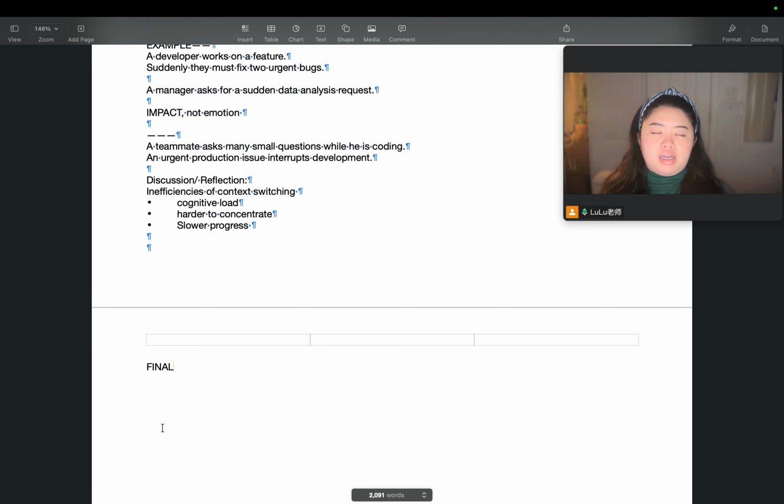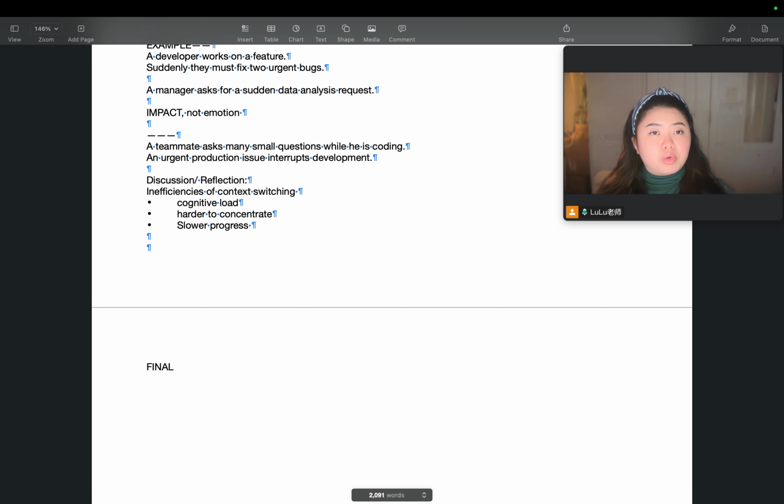I know this mock class is probably less than 15, but typically my classes are 50 minutes to 90 minutes. So it's usually 50 minutes, 60 minutes, or 90 minutes, depending on the students. Okay, so let's do another one. What is context switching? And then you explain something we learned earlier.